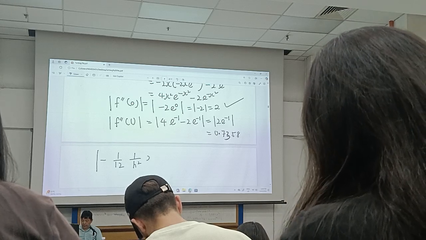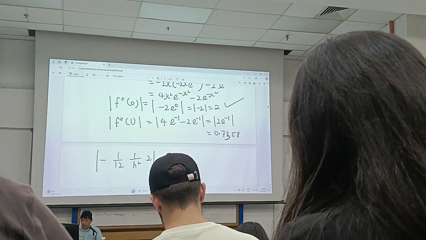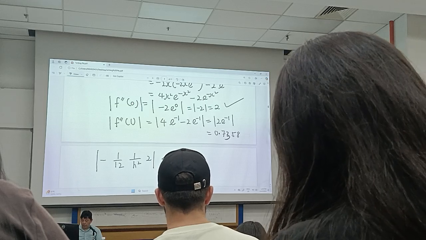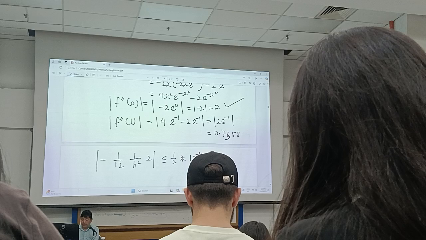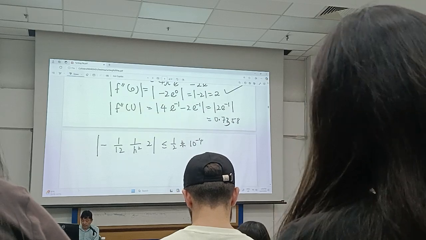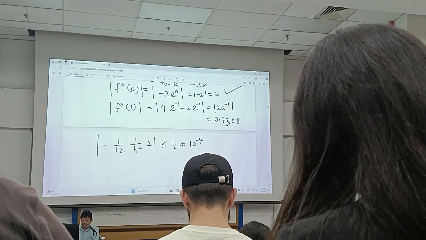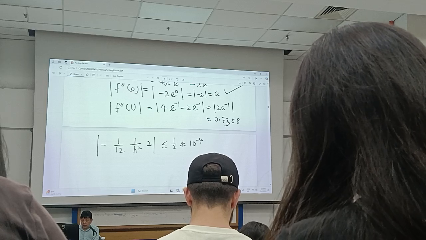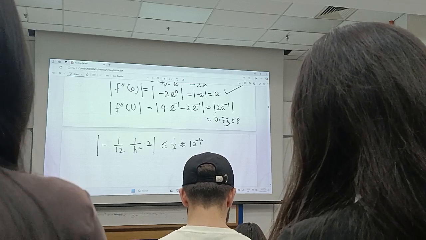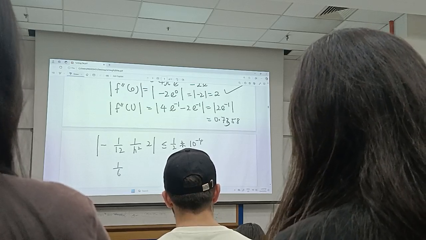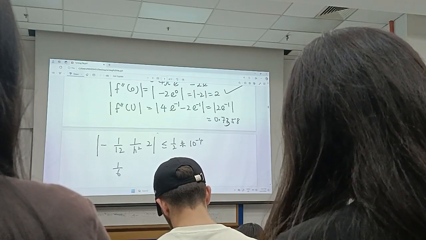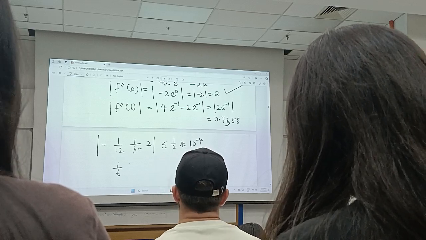Okay. 1/2 times 10 power negative 4. Okay, so we want to find out this n, right? Okay, anything can be cancelled off. 2 cancel off with 12 will be 1/6, right? Since we consider the absolute value, negative we can ignore.